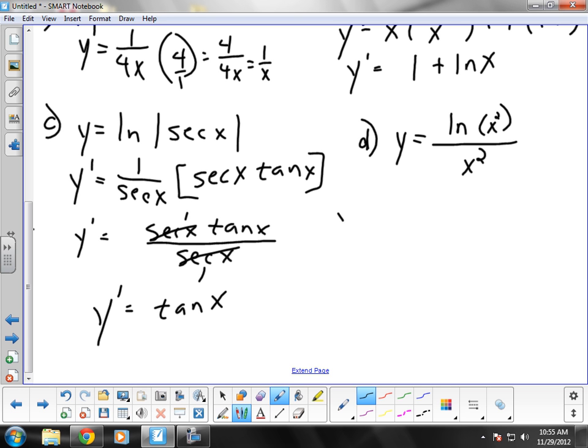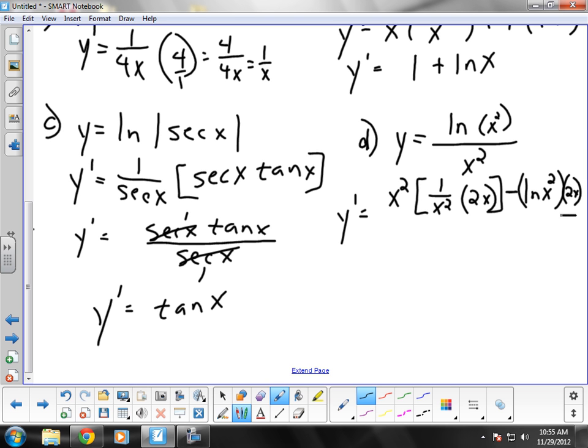So the first derivative is low times the derivative of the top. The derivative of the top is 1 over the argument, just like it appears, times the derivative of the argument, 2x. Minus the top times the derivative of the bottom, which is 2x, all over the bottom squared.